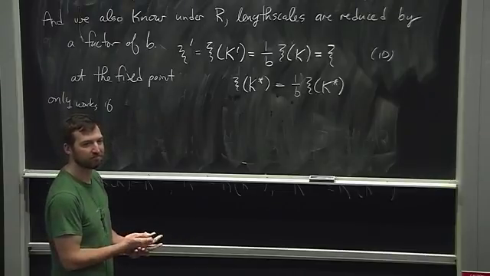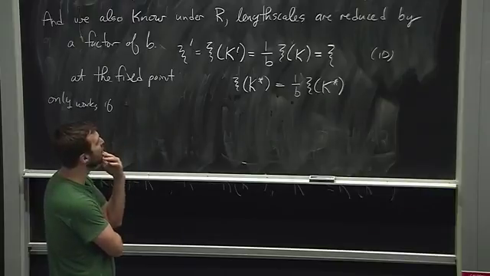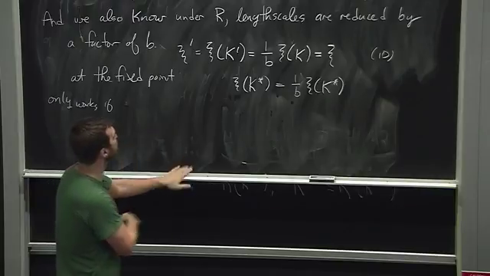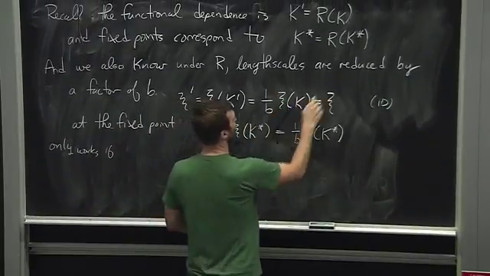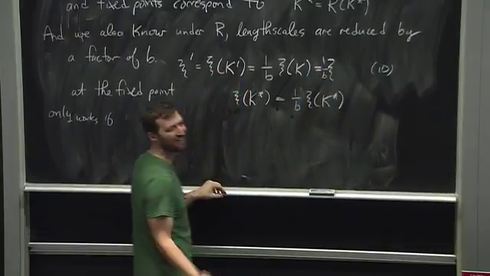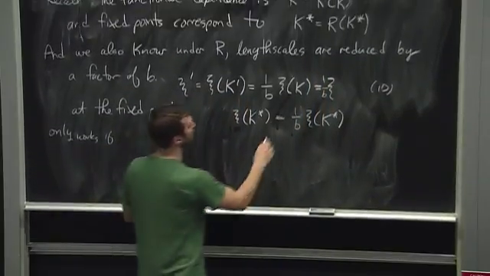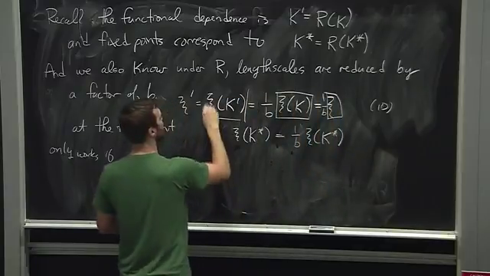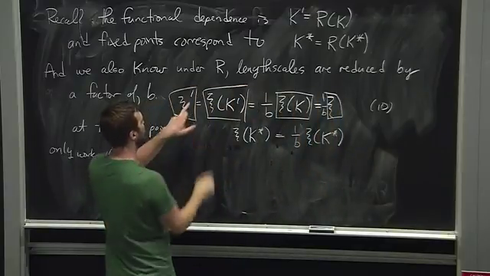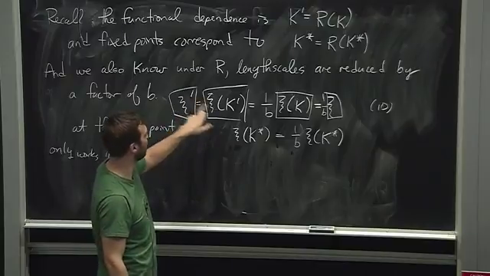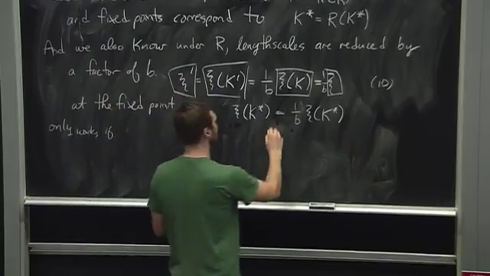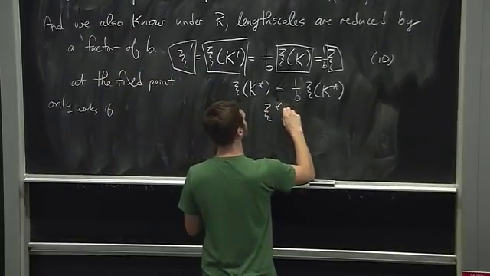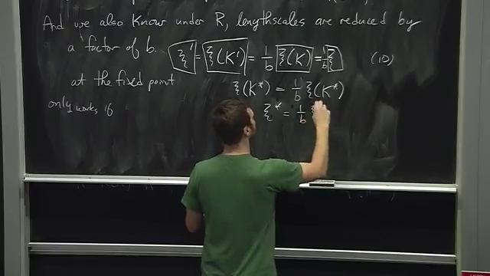The confusing thing is psi over K and psi. Oh, you mean this thing here? Yeah, I'm just defining this and this to be the same. This is just notation. I think previously I called it prime, but I just want you to think of the fact that if I'm at a fixed point, I could write it like this: psi star is 1 over B psi.